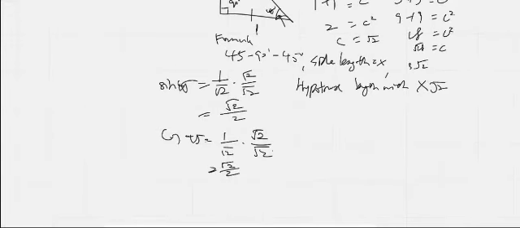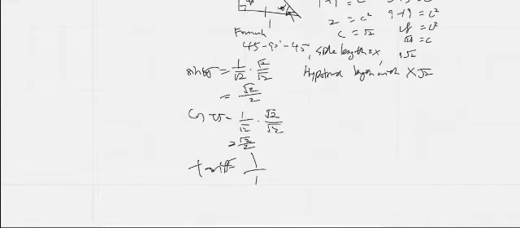And the last one is tangent 45. Tangent 45 will be O over A, which is just 1 over 1, which is just 1.